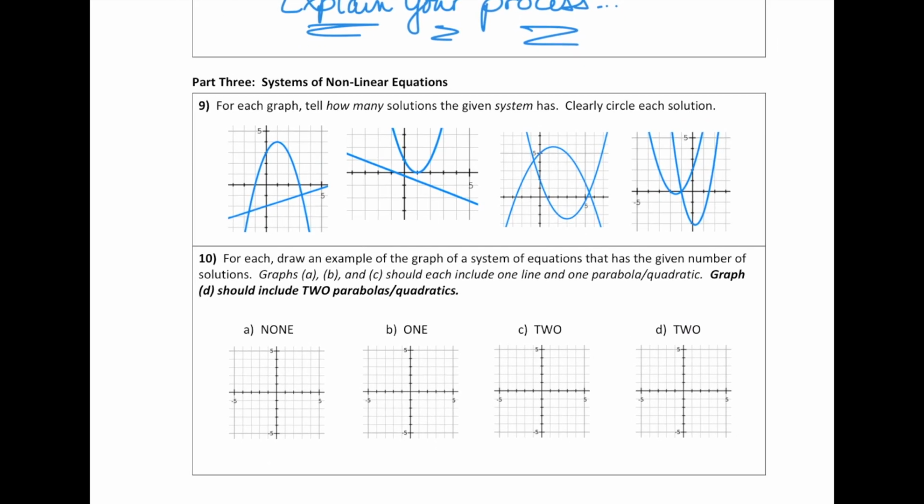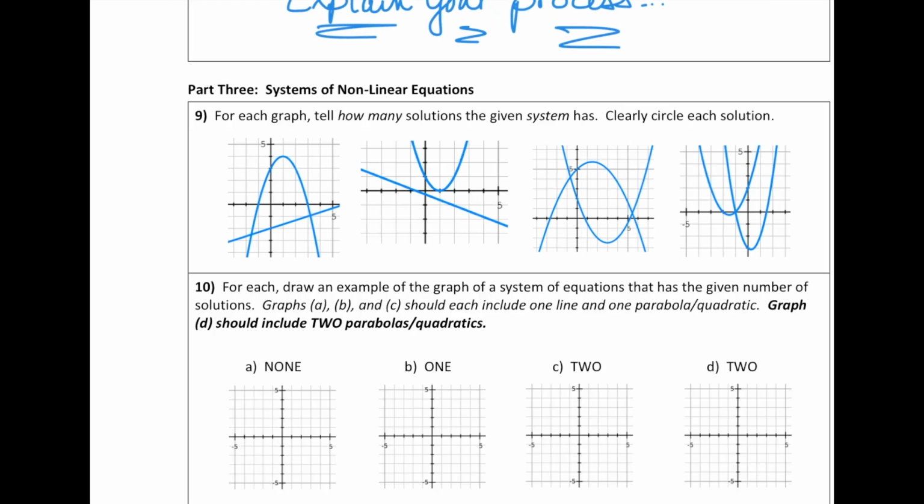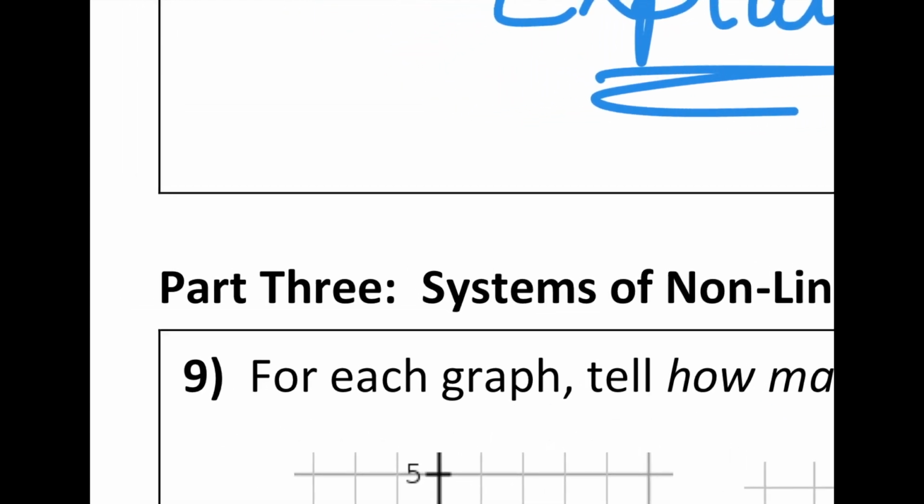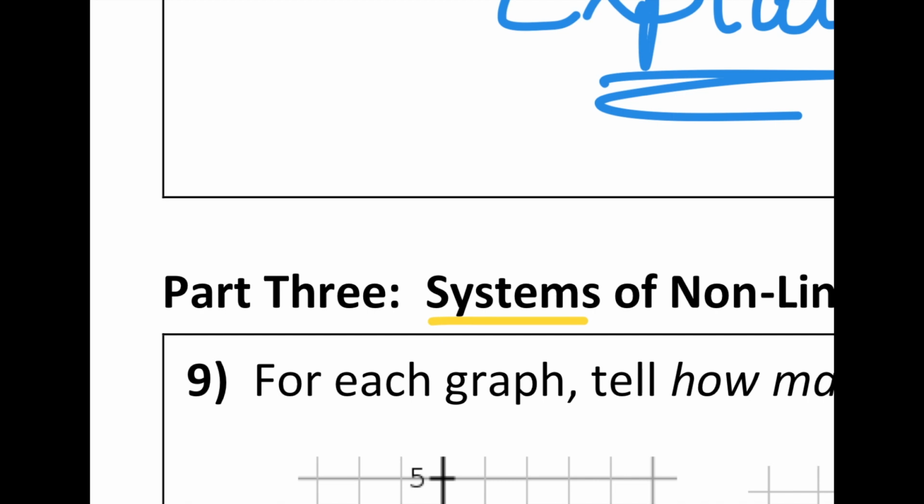So the third part of your test is going to be systems of nonlinear equations, which, remember, means, and let me kind of give you a little bit of a definition here. Systems of equations means more than one equation at a time.